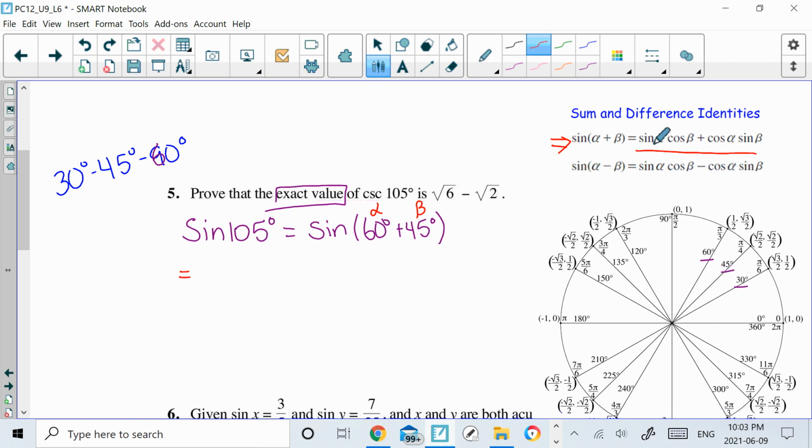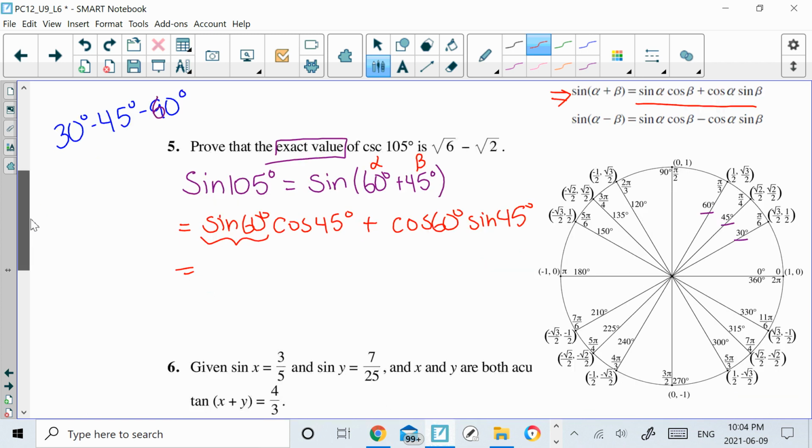So sine of alpha is the sine of 60 degrees. Cos of beta is the cos of 45 degrees, plus cos of alpha, which is the cos of 60 degrees, times sine of beta, the sine of 45 degrees. Let's evaluate the sine of 60 degrees.